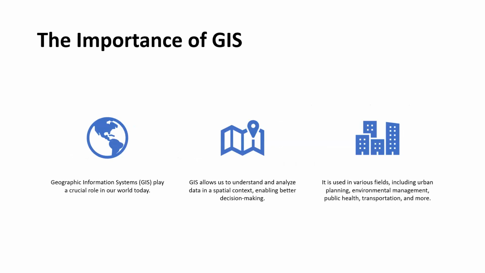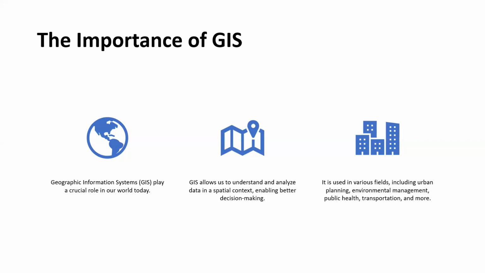So let's go straight to the importance of GIS. Geographic information system plays a crucial role in our world today. As a matter of fact, location has always been a problem and it is still a problem. So GIS is a saving grace to run to when we are having some sort of location problem.